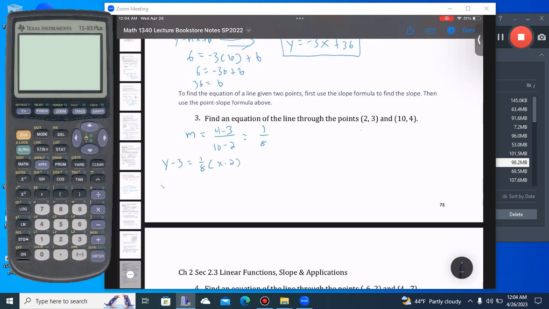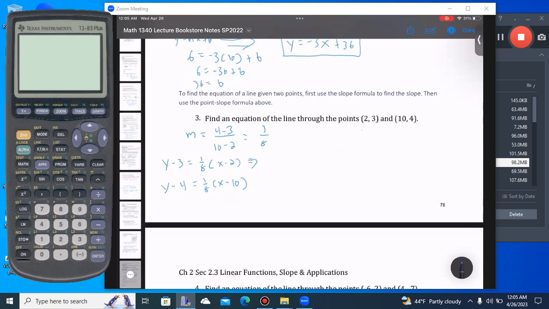Or I can write it as y minus 4 equaling 1/8 times x minus 10. Either way, this is the same equation when you simplify it out and you solve for y.